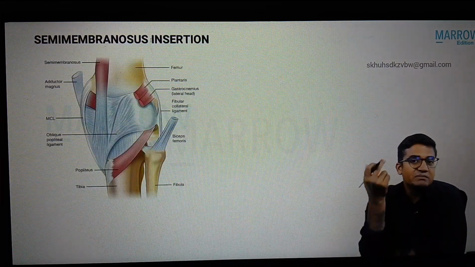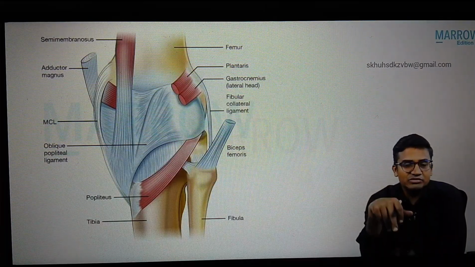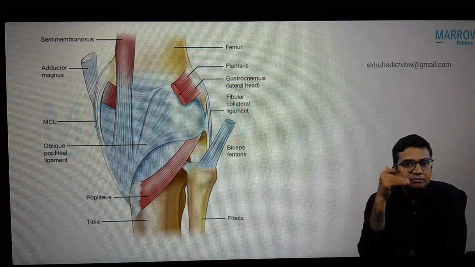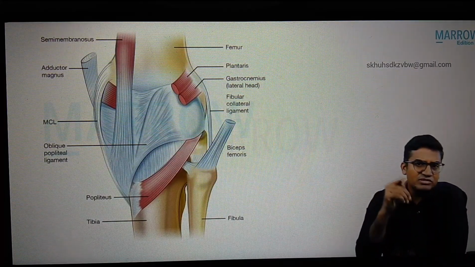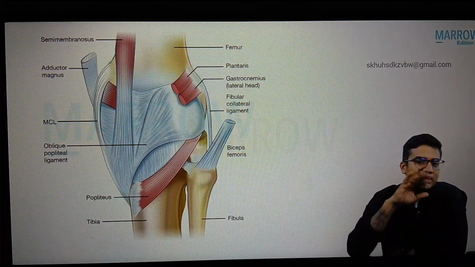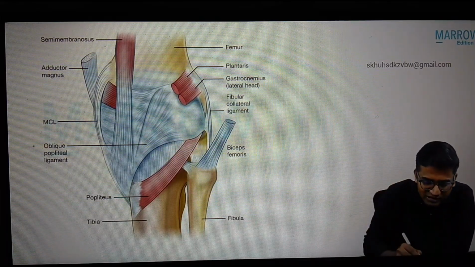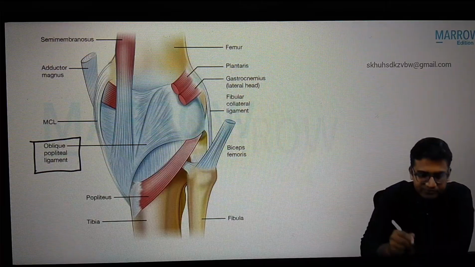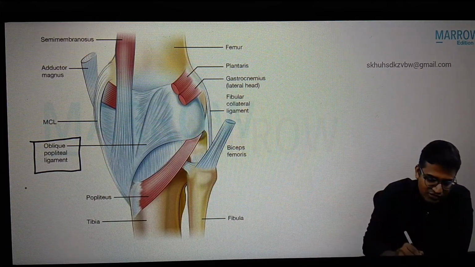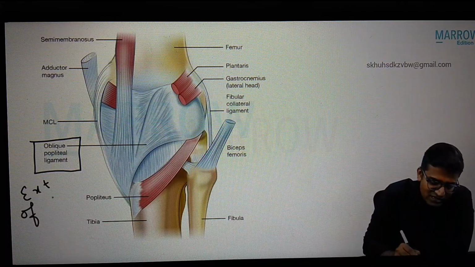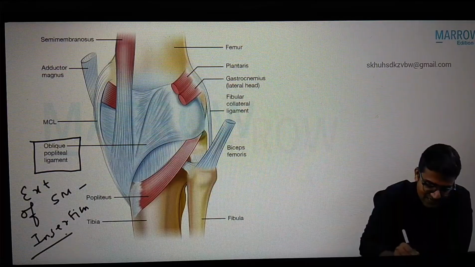Next muscle is the semimembranosus muscle. Again, the name gives a clue: part of the muscle is fleshy and part is membrane. After its insertion to the tibia, the semimembranosus gives some extensions. One extension you have to remember is the oblique popliteal ligament, which is an extension of the semimembranosus insertion.